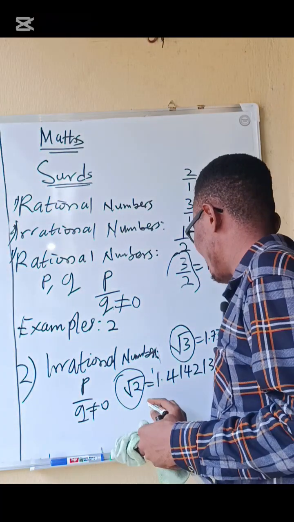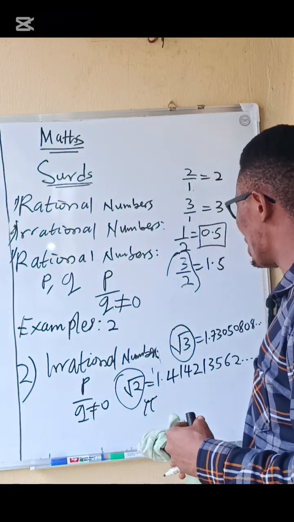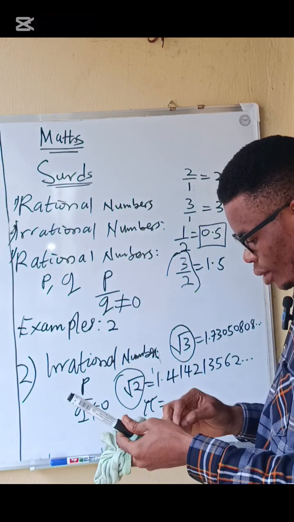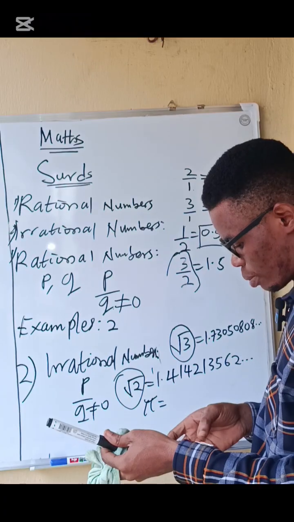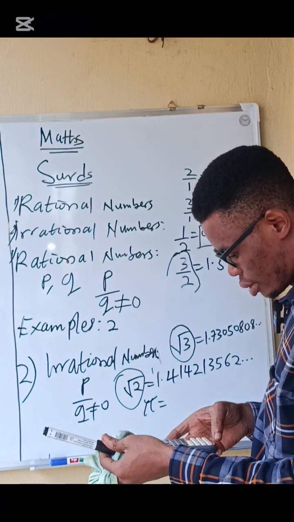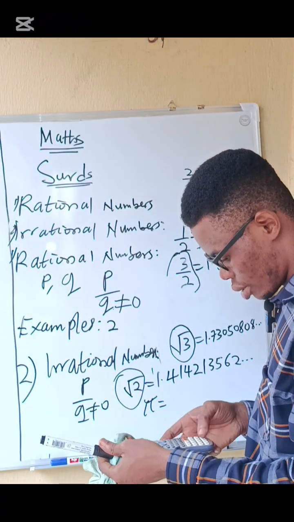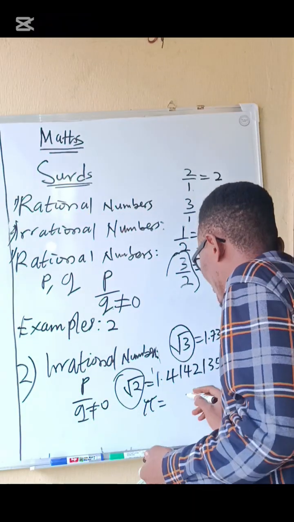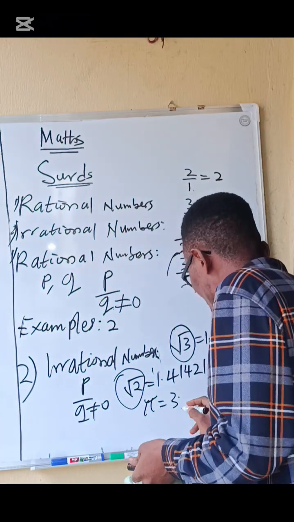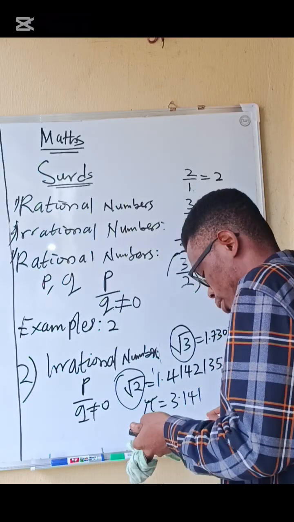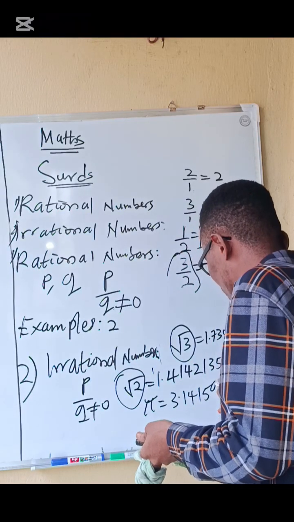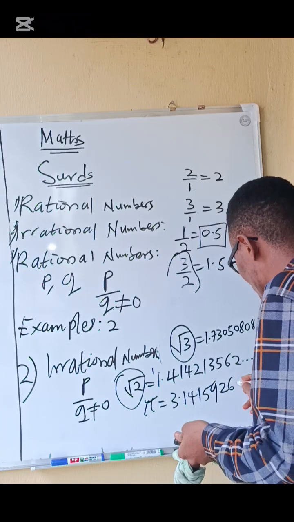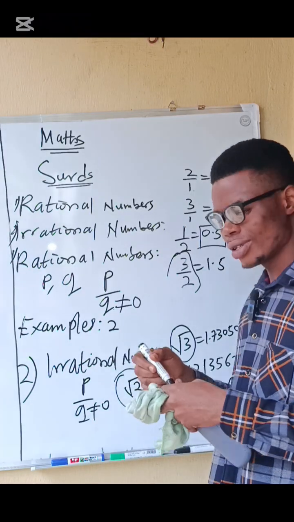So how about this one? Take for instance pi. Let me shock you. When you take pi, you are going to have 3.141592654.